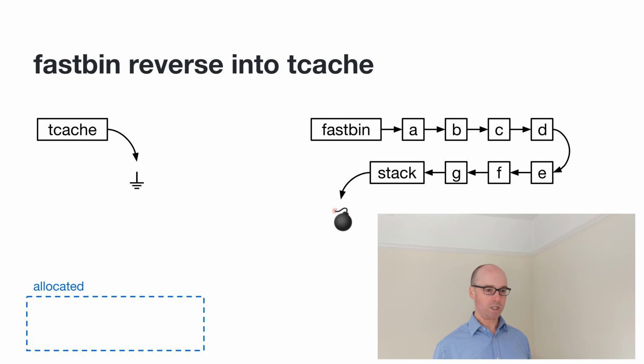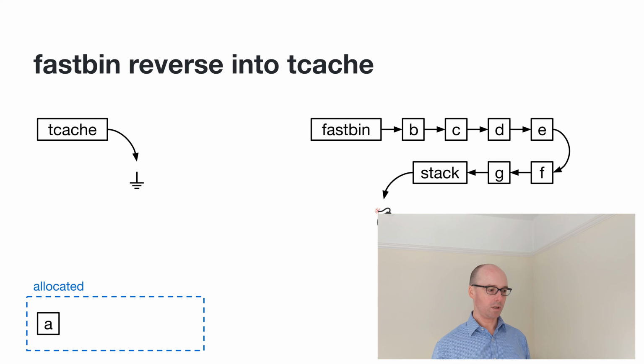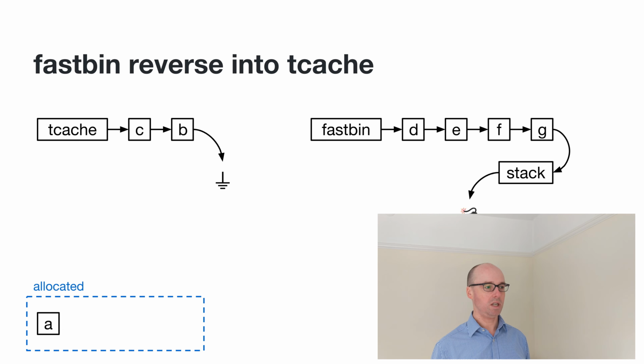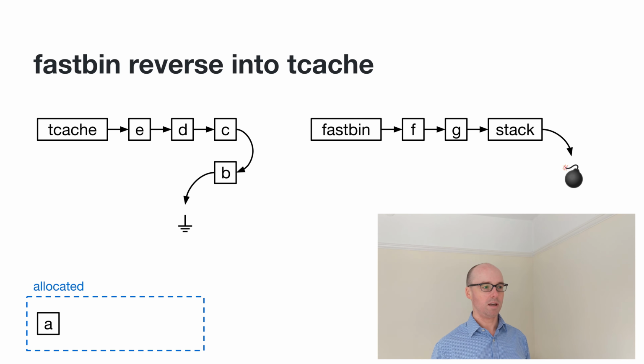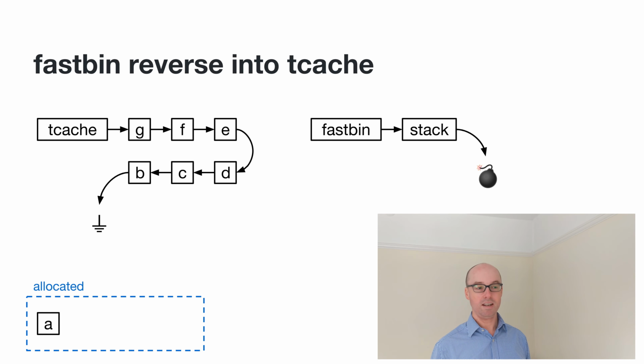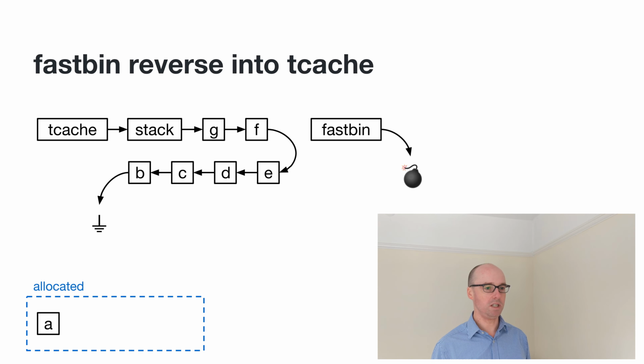So what happens next is we allocate a chunk. So A goes down there into the allocated area, and then it starts copying these chunks across into the tcache. So B, C, D, E, F, G, and then it thinks that the stack pointer is another chunk, and so it copies that across into the tcache.